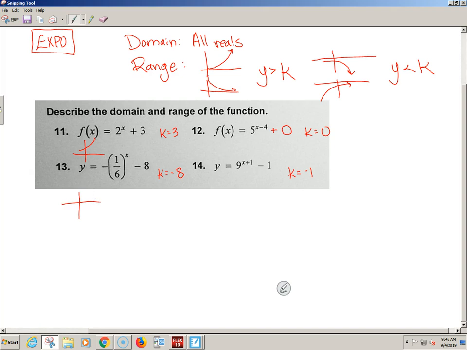Oh, it's below the axis. It's actually going to be one of those swooping down. This one has a bigger number, but it's positive, so it's going to be a swooping up. And then this one's going to be a positive number again.